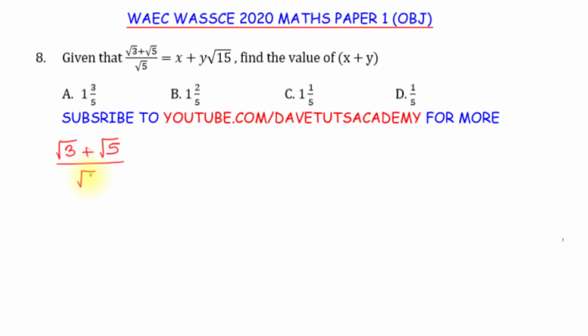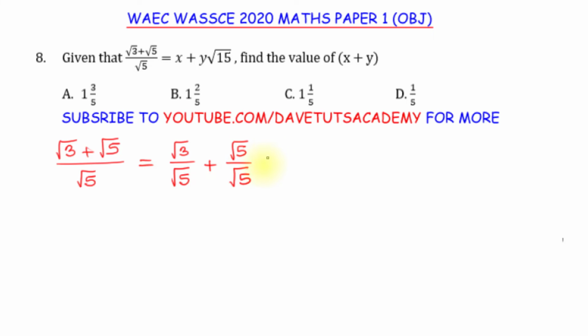We are given root 3 plus root 5 divided by root 5, and to solve this particular question, it will just be good for us to break it down to this: root 3 over root 5, okay, plus root 5 over root 5.